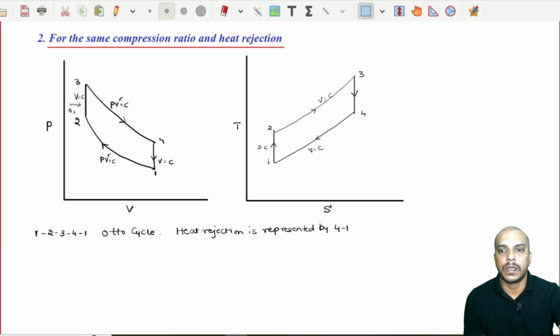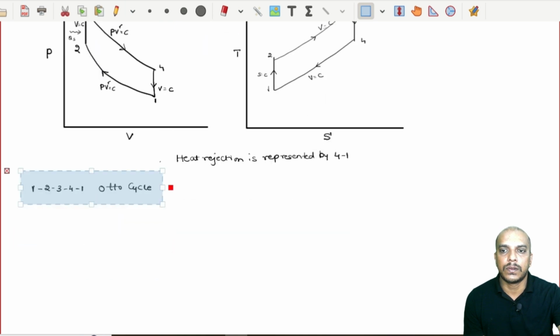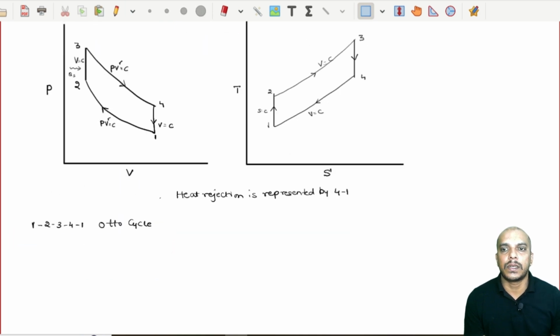So, heat rejection is represented by 4 to 1. In particular for Otto cycle, we can talk about heat supplied, that we will talk a little later.